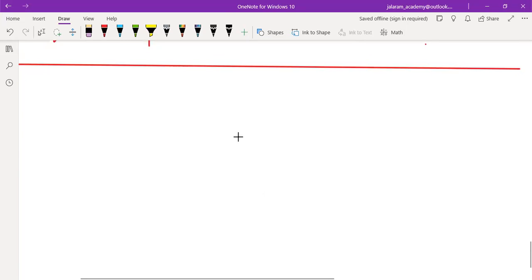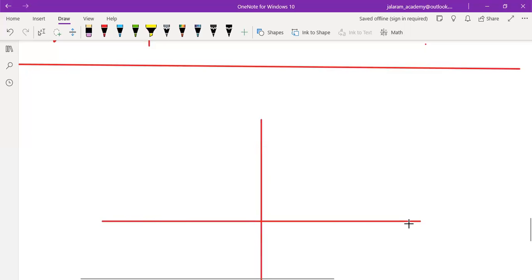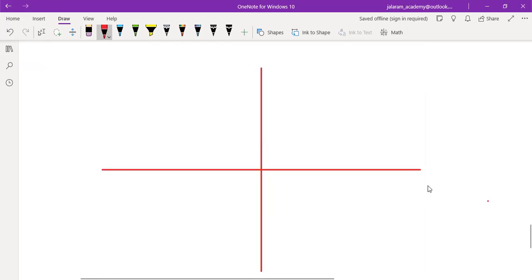So again draw this structure showing the 4 quadrants. First, from 0 degree to 90 degree, that is 0 radian to pi by 2 radian.